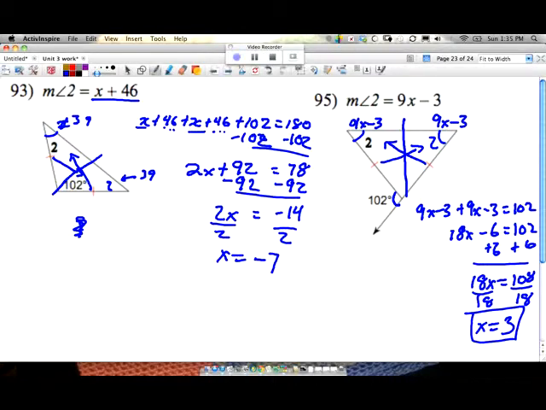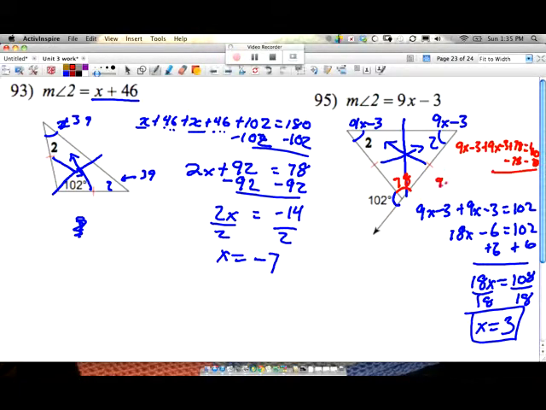Yes, there are. For example, if I were to just figure out what this angle was in numbers, it would be 78. Then I could have said 9x minus 3 plus 9x minus 3 plus 78 equals 180. But then I'd subtract 78 from both sides.